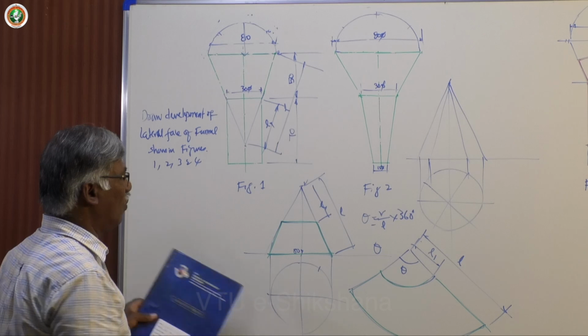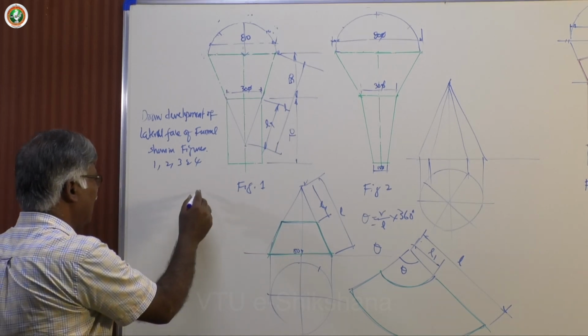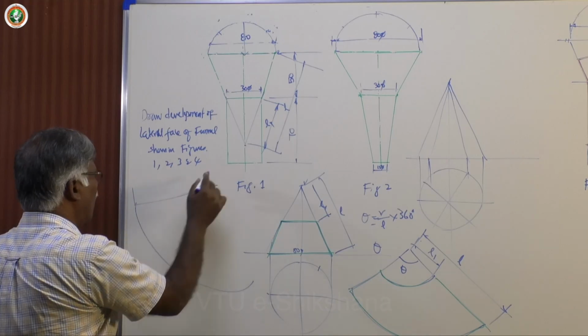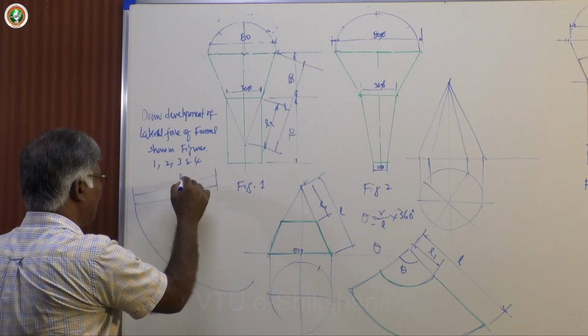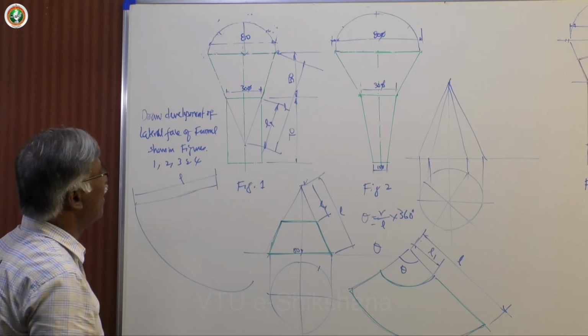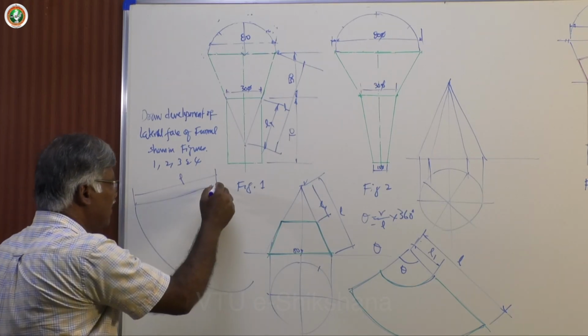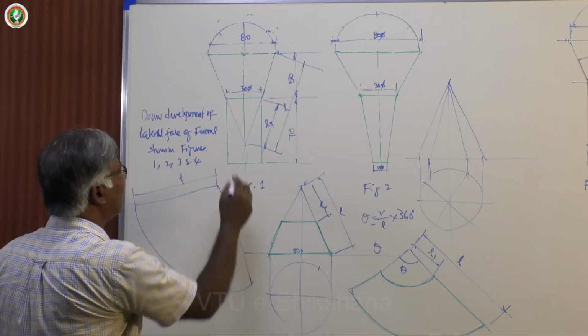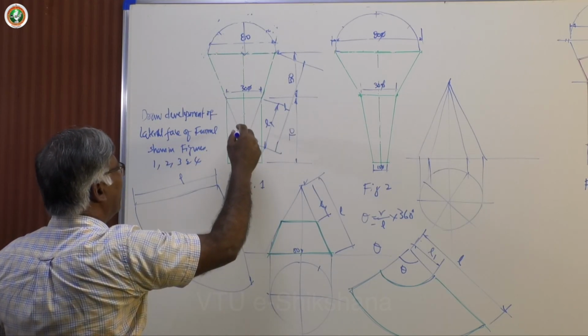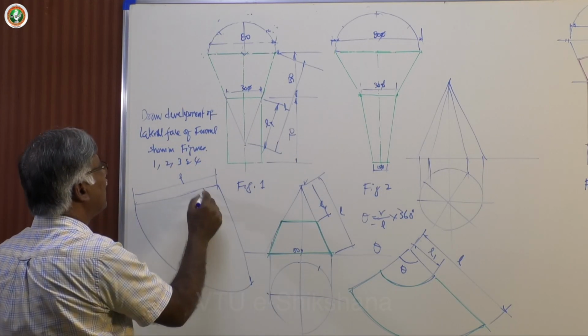Same procedure you follow. So I repeat, you draw an arc with L equal to the radius. Conveniently you manage the space, horizontal, vertical, whatever, and then fix theta. After calculating theta, L you know, R you know 40, and then 360, you get this.